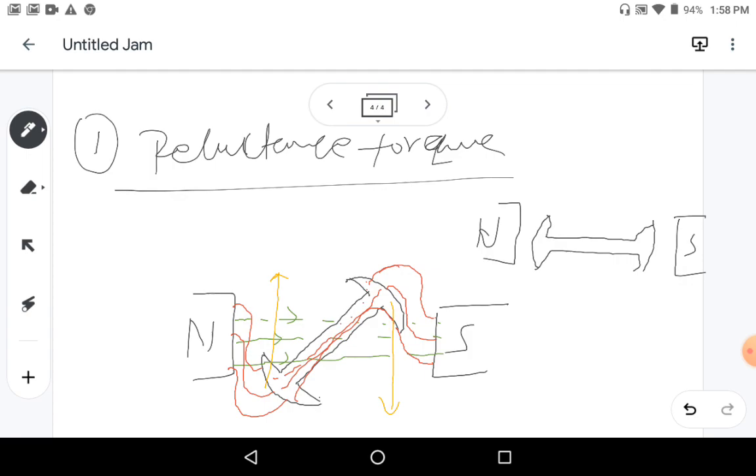Then flux will pass through the center of the rotor. A force is developed on the rotor without any electric source or supply. A torque is produced on the rotor. This torque is known as reluctance torque.